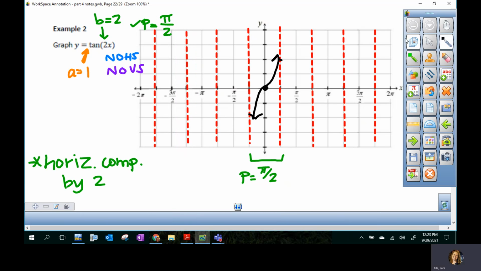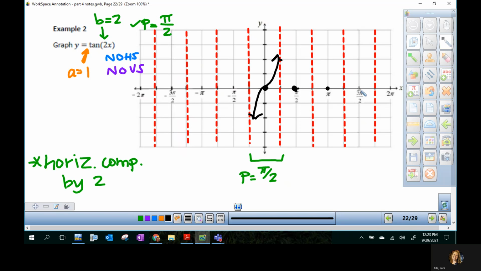So you would see the same curve between all of those asymptotes in the same direction.